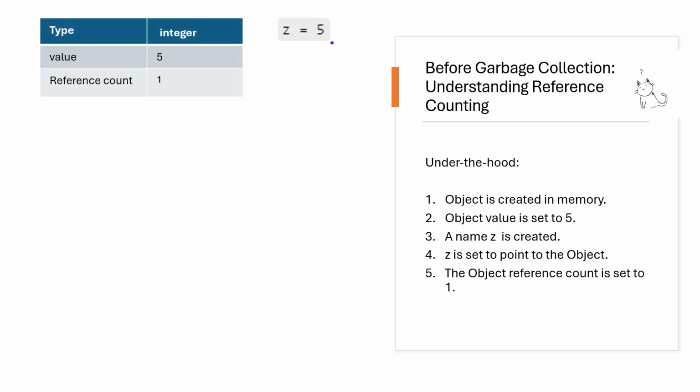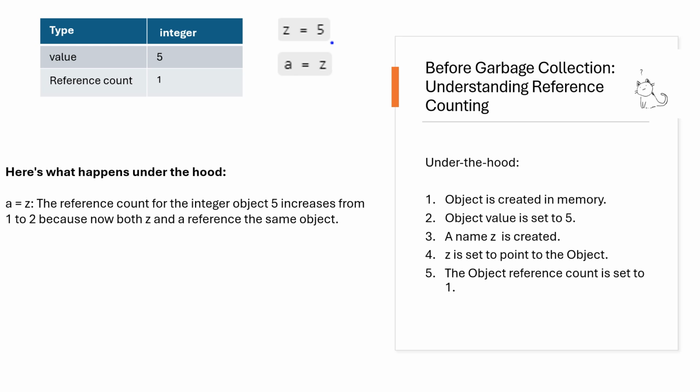Is it clear? Now, if I create another variable, say a, and assign it the same value as z, Python doesn't create a new object. Instead, it points a to the same object and the reference count for that object increases to 2.